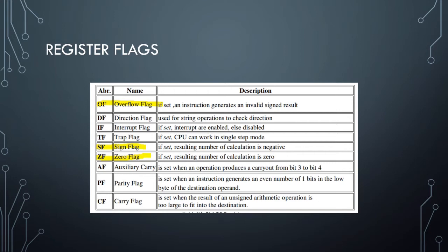And if it's not 0, then you would just see a 0 in the 0 flag register. And if the number wasn't negative, then you would see a 0 in the sign flag. So much like the logic gates where we use 1s and 0s to represent off and on, the 1s and 0s represent these flags being off and on. So if a flag is active, it's turned on, there will be a value of 1 in that flag register.